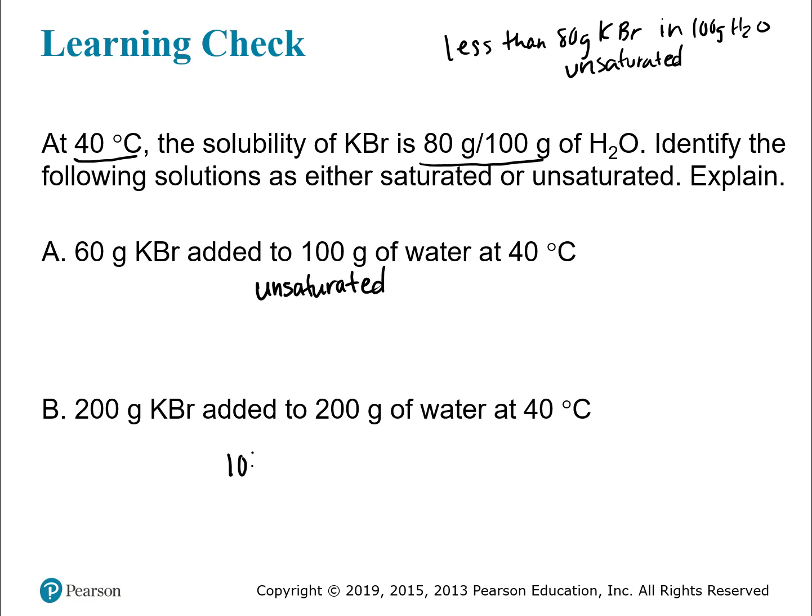That's the same thing as saying 100 grams added to 100 of water. That's absolutely over our solubility. So this is going to be saturated. You'll see some undissolved potassium bromide in the bottom of the beaker in this case.